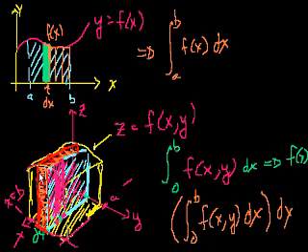Now, if I added all of those sheets that now have depth, if I took the infinite sum, so if I took the integral of this from my lower y bound, 0, to my upper y bound, a, then at least based on our intuition here, maybe I will have figured out the volume under this surface.